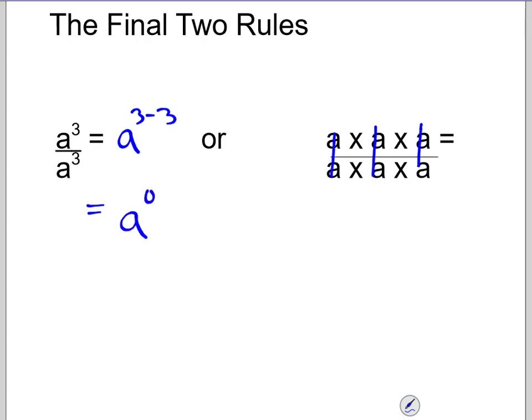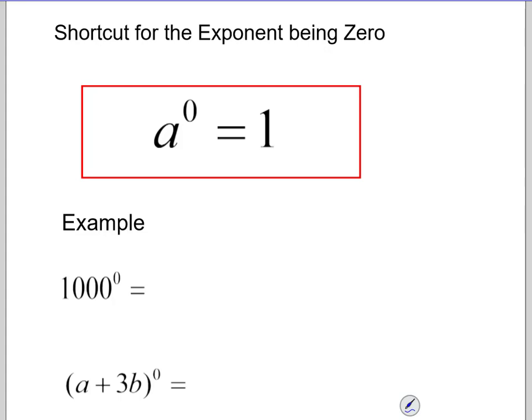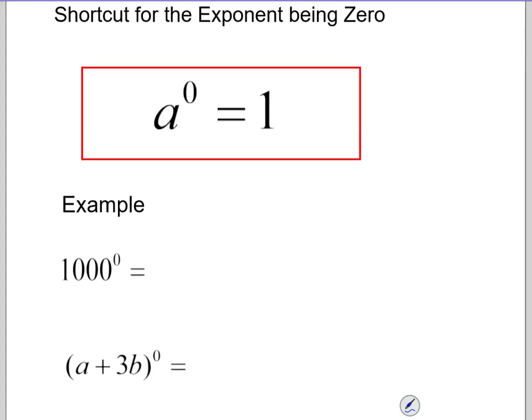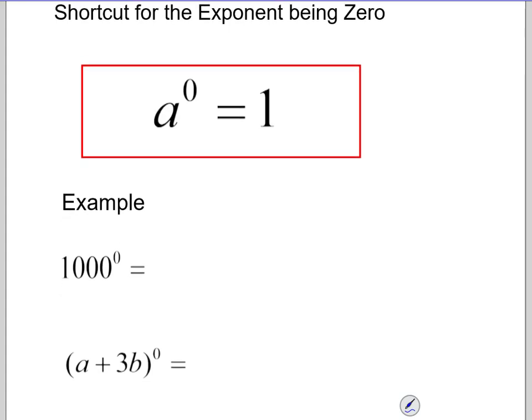These guys will all cancel for 1, and I'm left with that expression. And here's the fun, this is the easy rule. So a, or any base to the exponent 0, is 1. Always. Okay, and at first it seems really strange until you do a couple, then you go, oh, that's so easy. So 1,000 to the exponent 0 is 1.